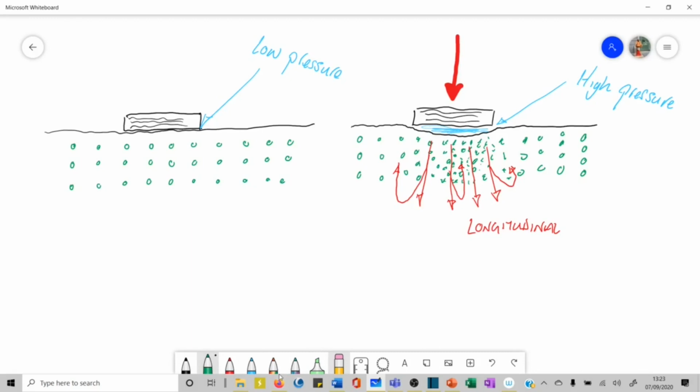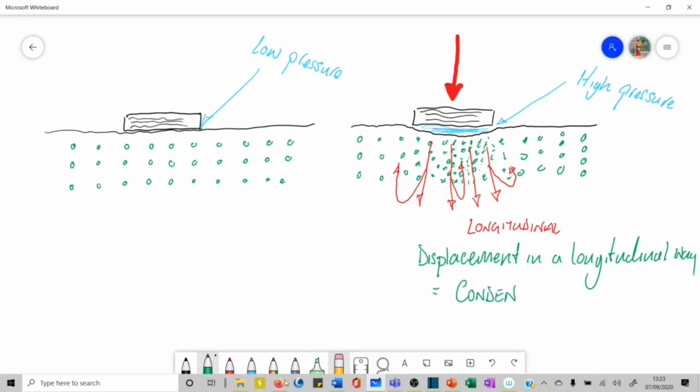This here on the right, where we've got this displacement, let's write that. So we've got displacement in a longitudinal way, that equals a condensation.